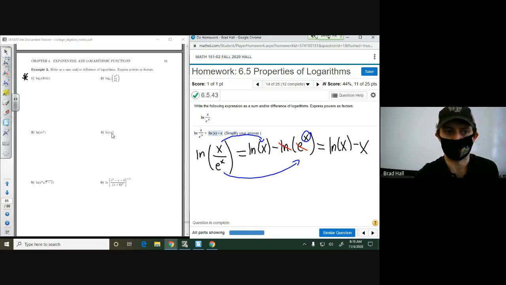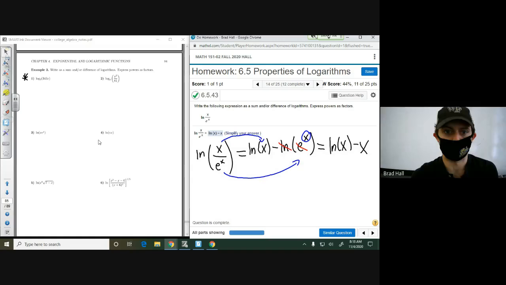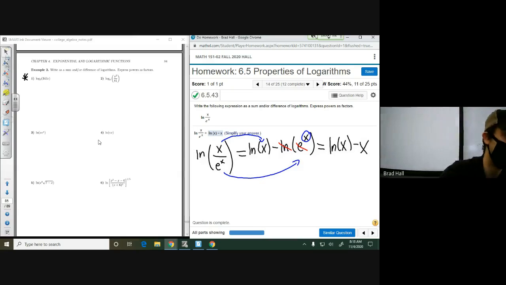So this is not one that I do in the notes, so that might be helpful. Notice we're more than halfway done with the homework here, so you might be able to get this one done fairly quickly.